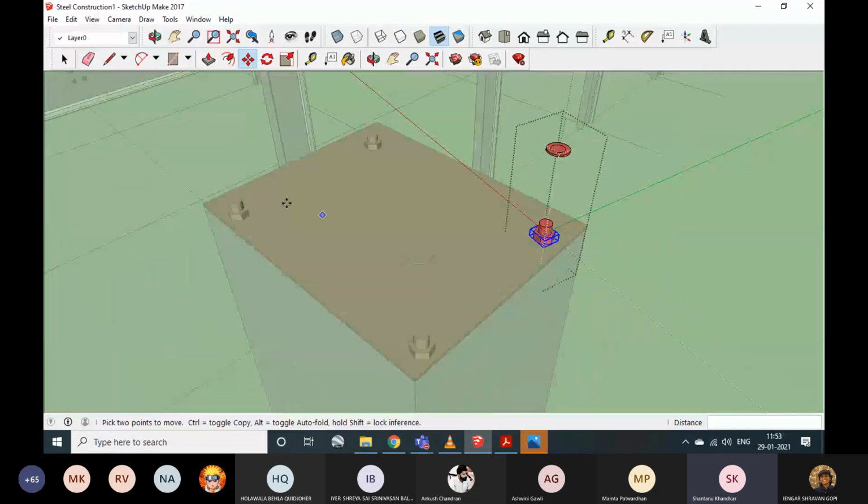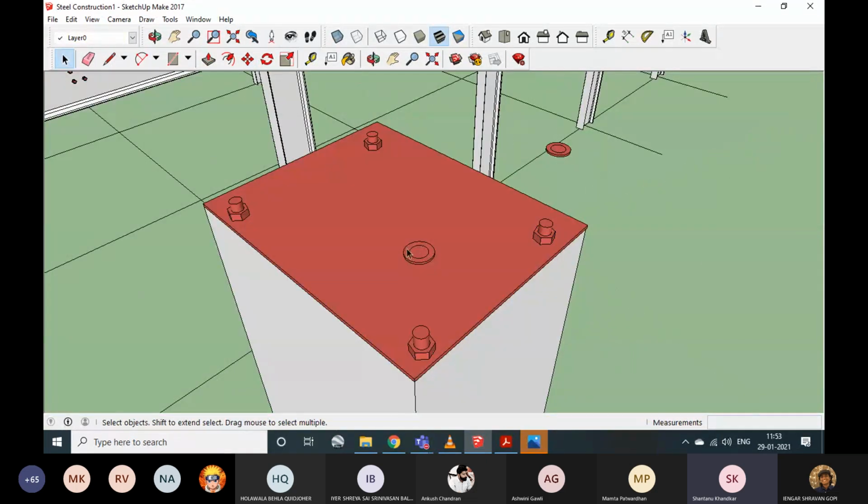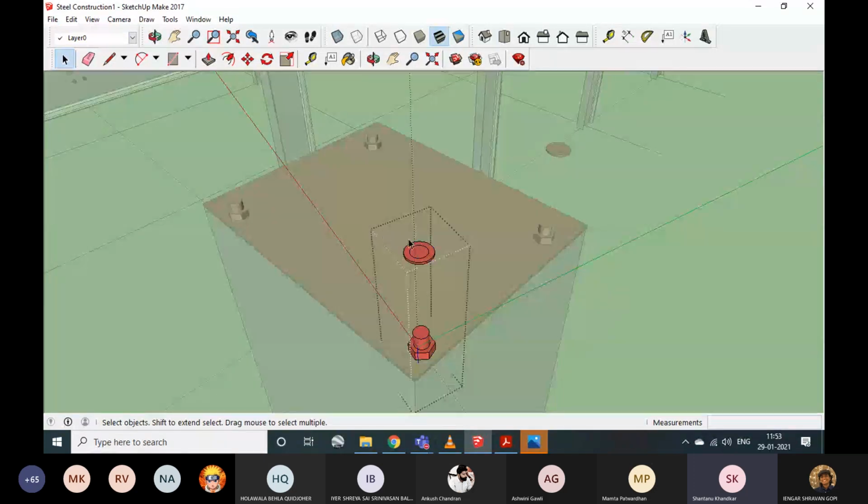Once I place these bolts where I need them to be, the base plate is connected to the column.